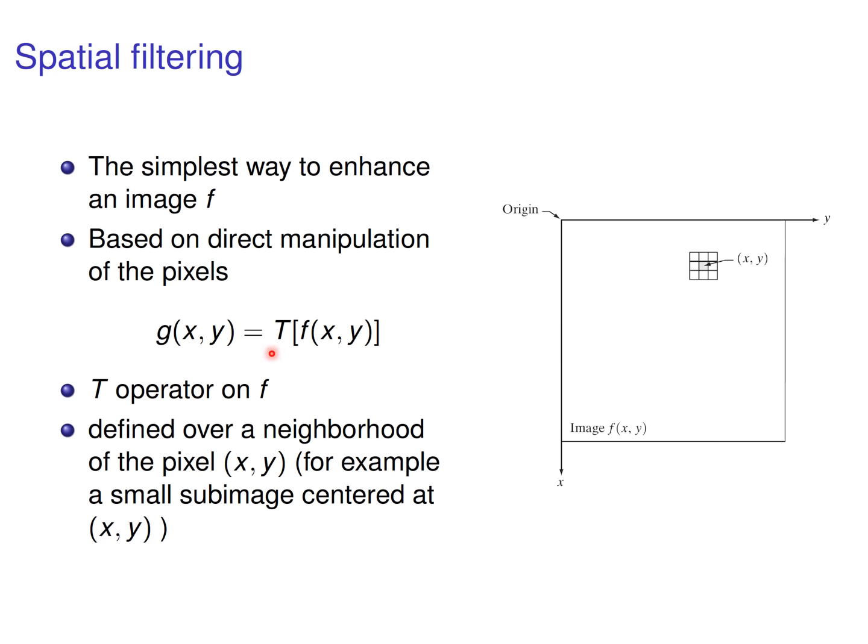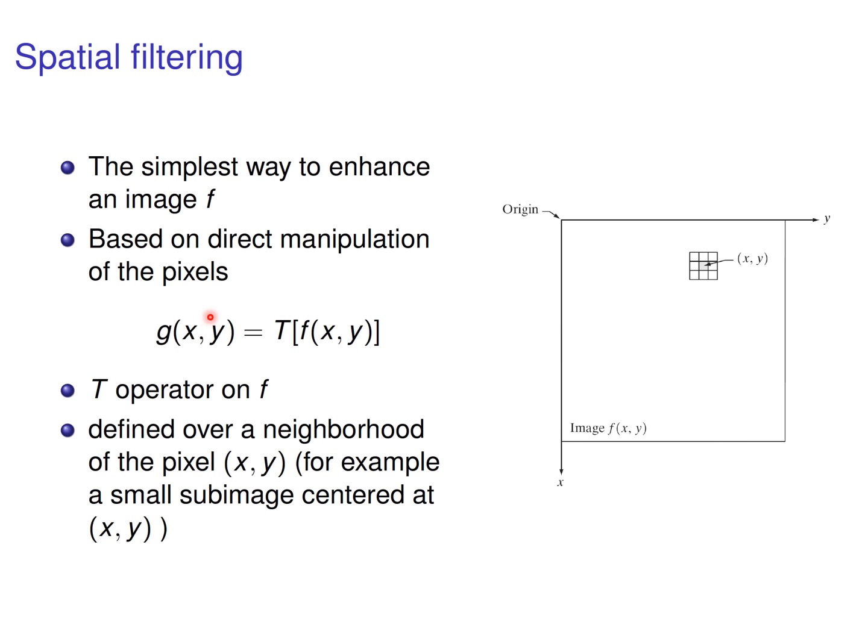Remember when we said we have the operator T that is transforming a signal? That's what's happening. You have f of x, y, that's your image, you have the value, the intensity or the illumination or the grayscale value, and you do a transformation for it, and you come up with a new value of that pixel.